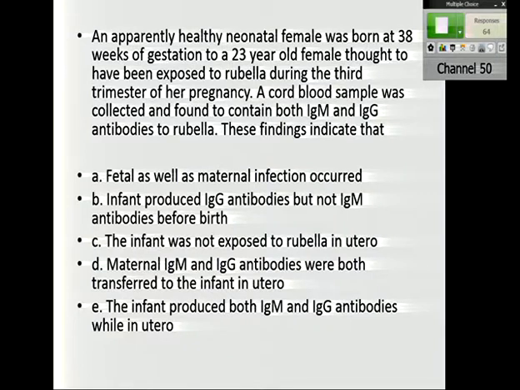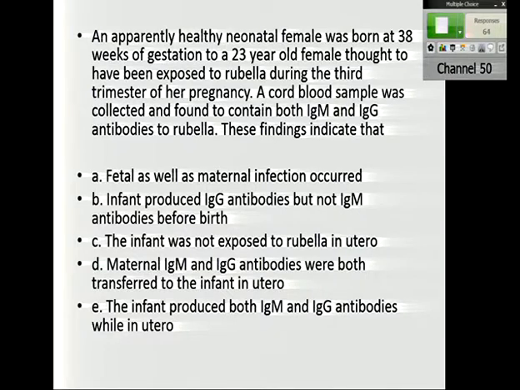Because yes, the cord blood had IgM. Okay? Now, infant produced IgG antibodies but not IgM antibodies before birth? No, that cannot happen. The infant was not exposed to rubella in utero? No, because of IgM. Maternal IgM and IgG antibodies were both transferred? That also cannot happen because IgM won't cross the placenta. The infant produced both IgM and IgG antibodies while in utero?